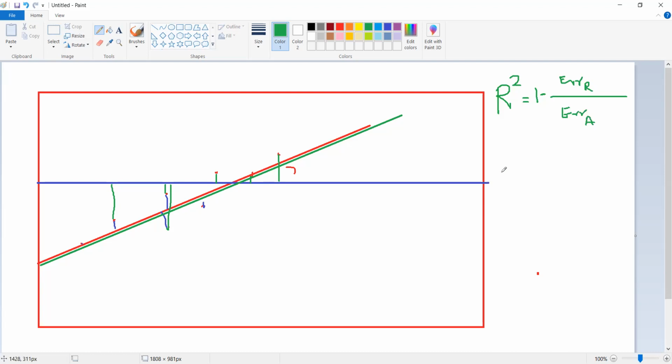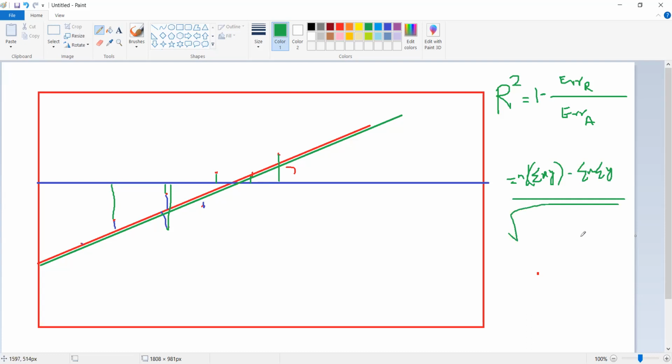The formula is something else. The formula is n into sigma of xy. The notes which I'll share will have the formula, so no worries. n into sigma of xy minus sigma of x into sigma of y. You add x, you add y. What is x and y here? Divided by the square root of the difference between the points.